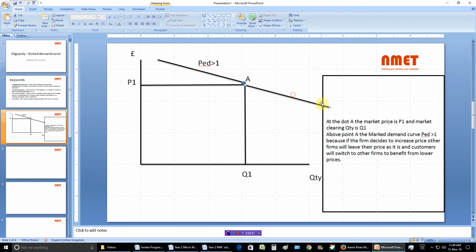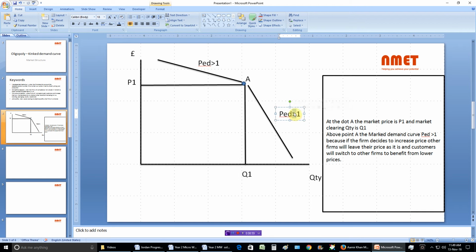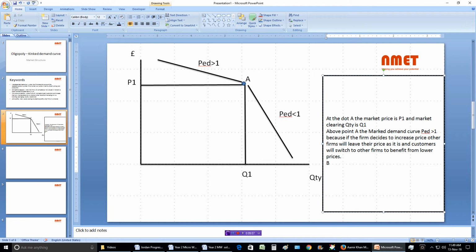Below the point A, the demand curve is very inelastic. And why would that be? Because if the firm were to decrease their price, then the other firms in the market would also follow the decrease in price. So yes, you're absolutely right.